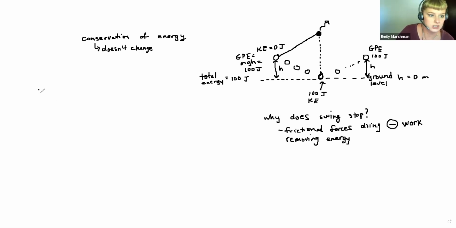Let's just suppose the child has a mass of 25 kilograms, and you lift up the child to an initial height above the low point of 1 meter. What is the magnitude of the velocity at the bottom of the swing?